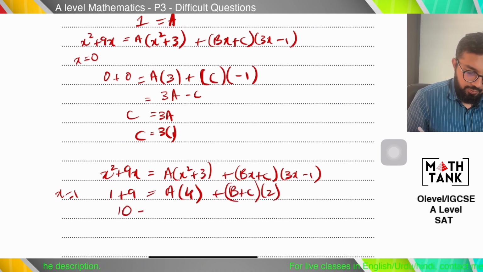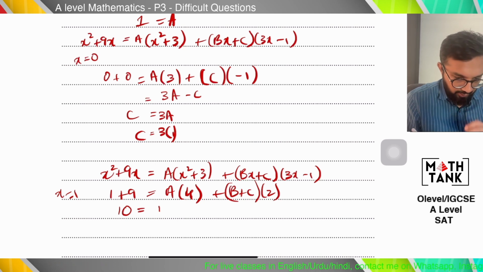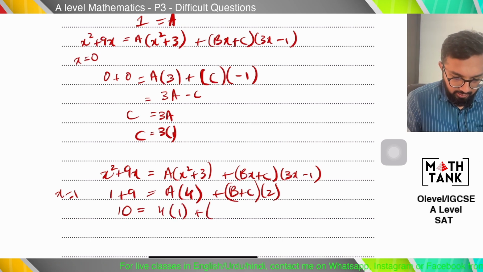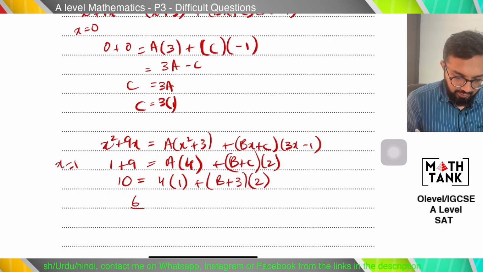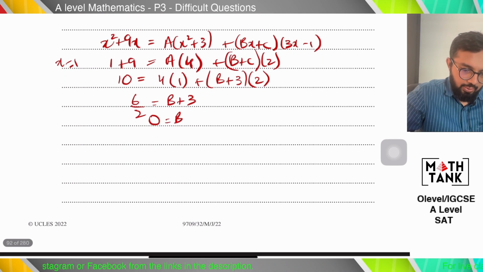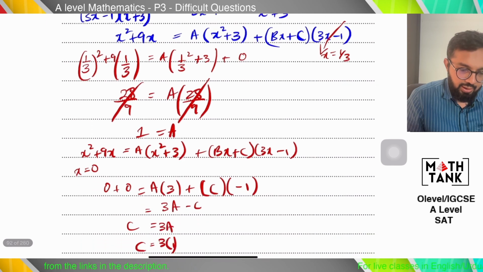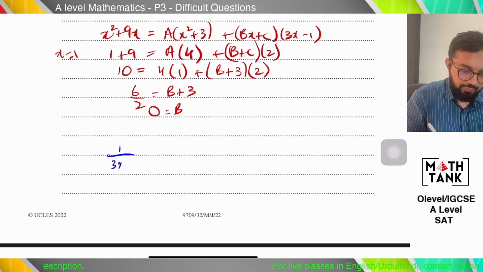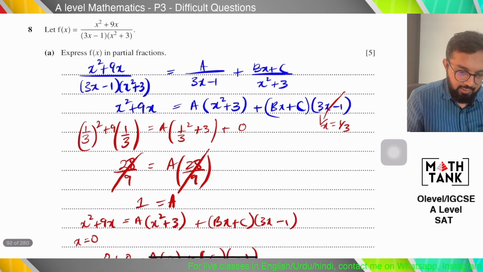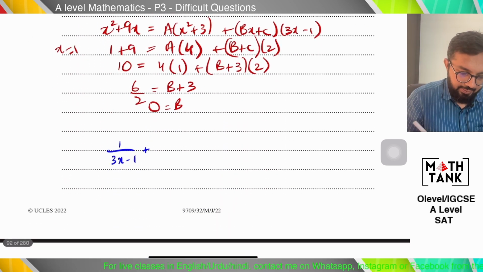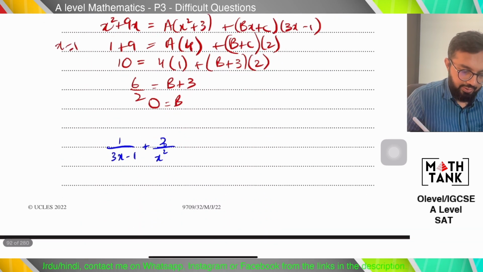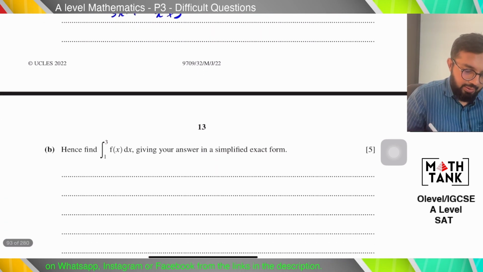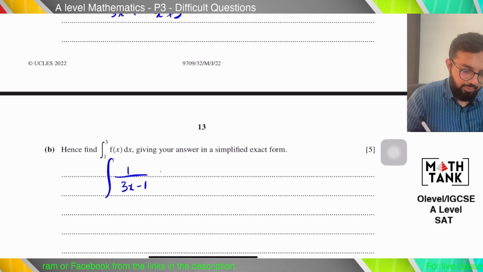Okay, 10 for a, 6 divided by 2, b plus 3, b equals 0. So my partial fractions are 1 over 3x minus 1 plus (0x plus 3) over x squared plus 3. Okay, it's the next part that I really wanted to solve, so I'm going to do that.